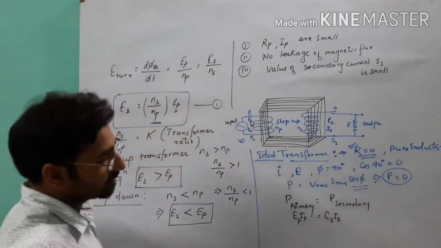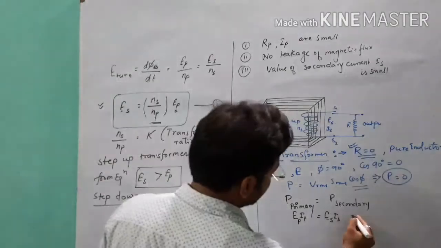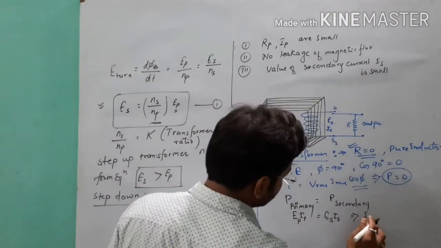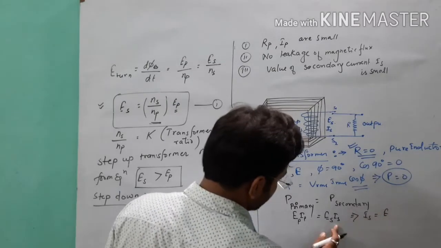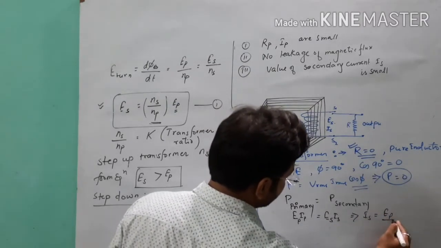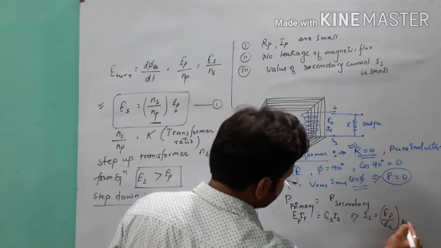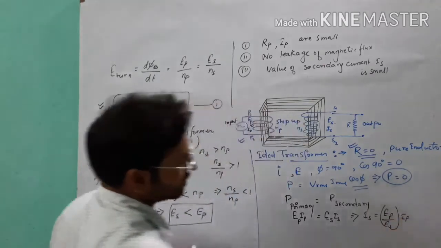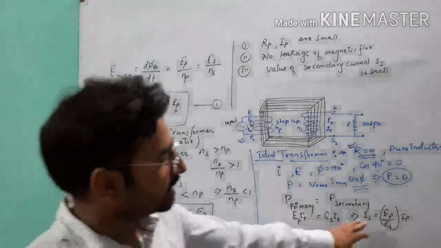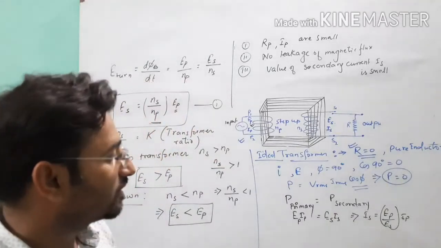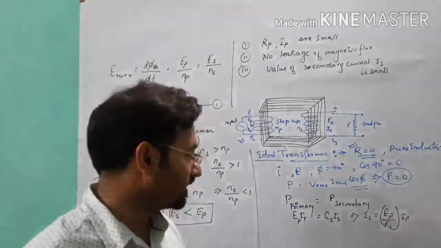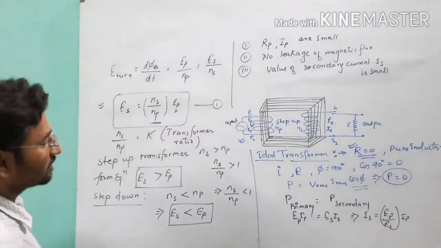Point clear student? So by this relation we can find out the value of IS, which is equal to EP over ES into IP. This is the value of IS, means current in the secondary coil. Point clear?